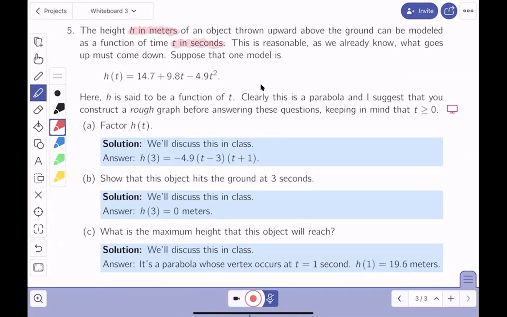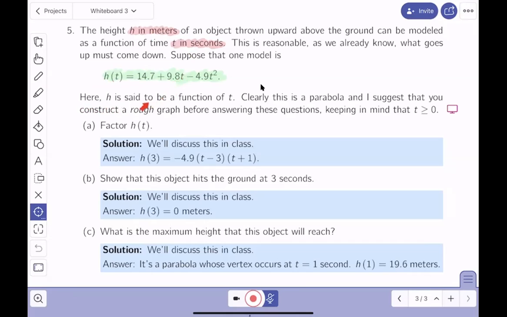And an object is being thrown upward. It says it's reasonable, as we know, what goes up comes down. Suppose one of the models is, they give me the model over here. Looks crazy, doesn't it? So h is in meters, t is in seconds.